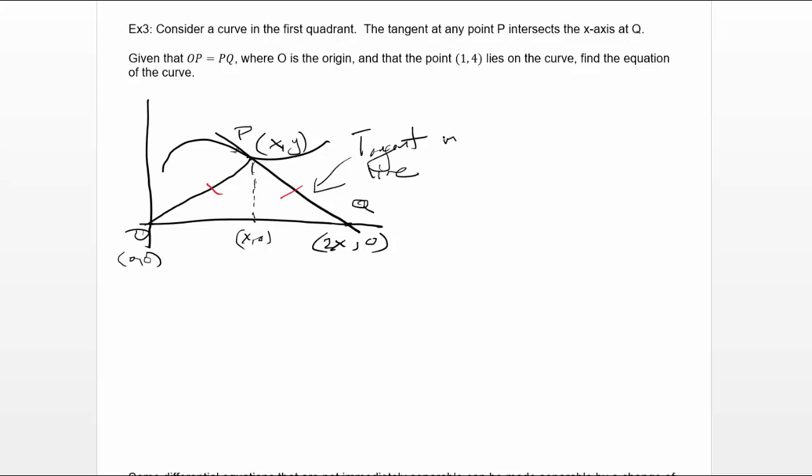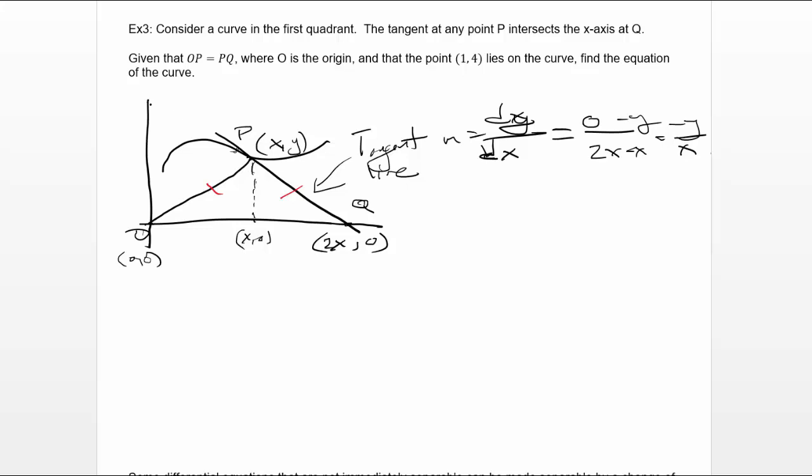Its slope, which is the derivative of this original function, I can calculate because I know two expressions for points that are always on this curve, x comma y and 2x comma 0. So last I checked, rise over run tells me that the slope of this tangent line is always 0 minus y over 2x minus x, which is negative y over x.